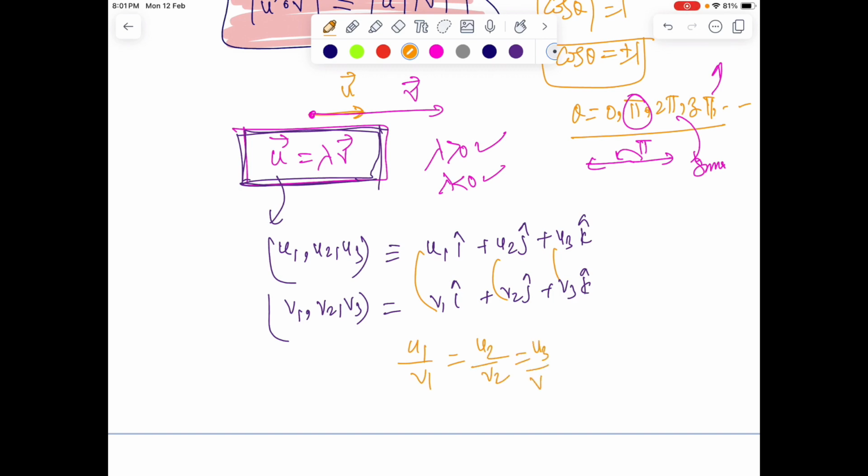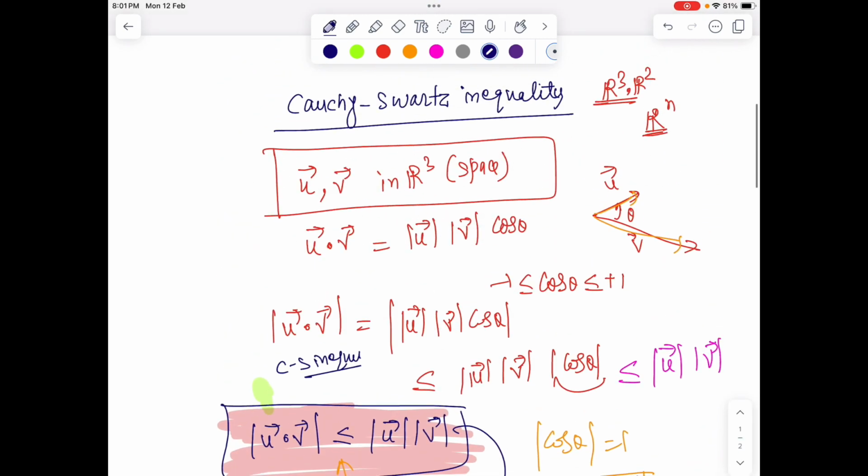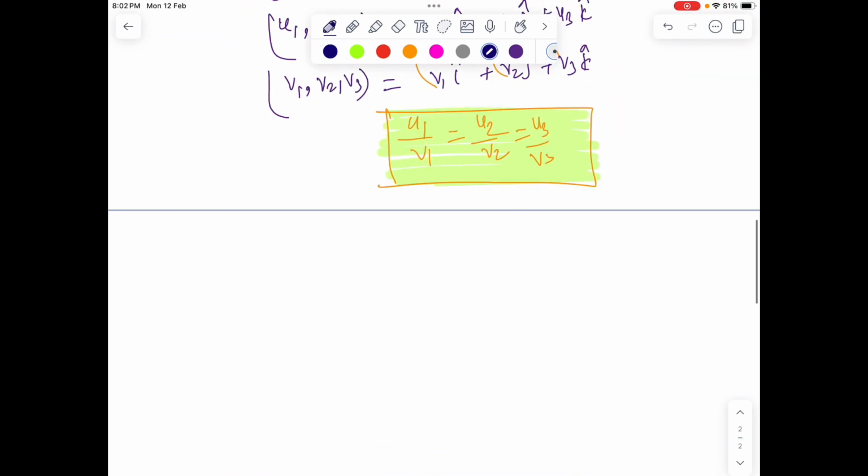Since they are parallel or anti-parallel, the ratio of the coefficients will be the same: u1 by v1 equals u2 by v2 equals u3 by v3. So this is the equality case of this inequality. Just with these two basic pieces of information, we can solve almost all JEE problems, even related problems in vectors in 3D.